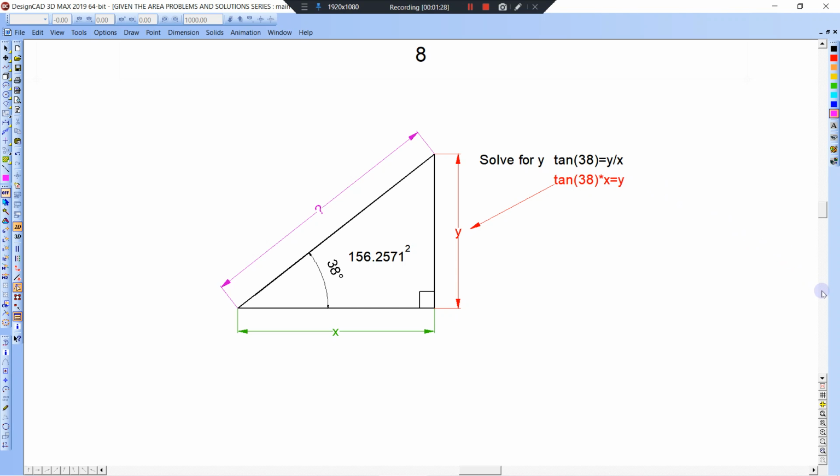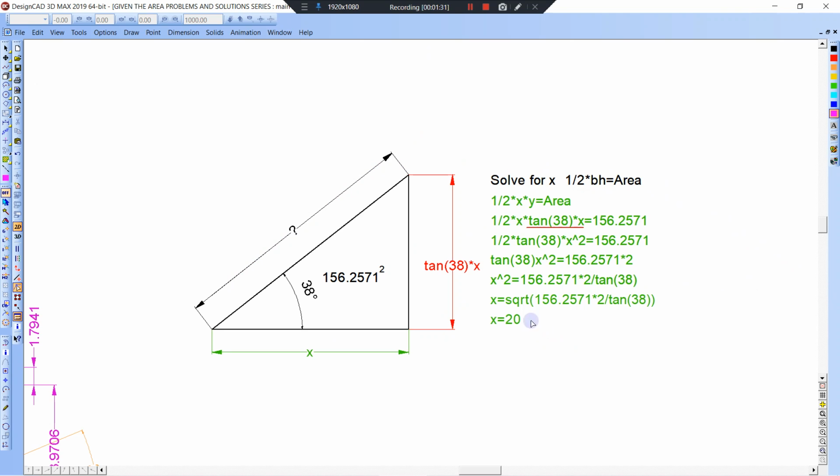So now we have one variable. One half x times y is equal to the area. We know that from the triangle area formula. So we say one half of x, which is our unknown, times tangent of 38 times x, which is this height here, so the base times the height, is equal to 156.2571, which is our area.